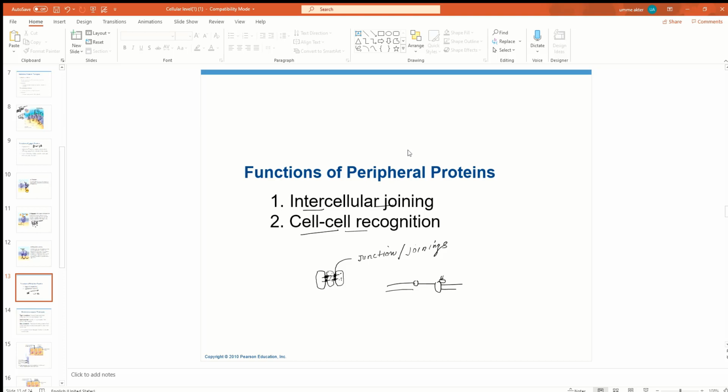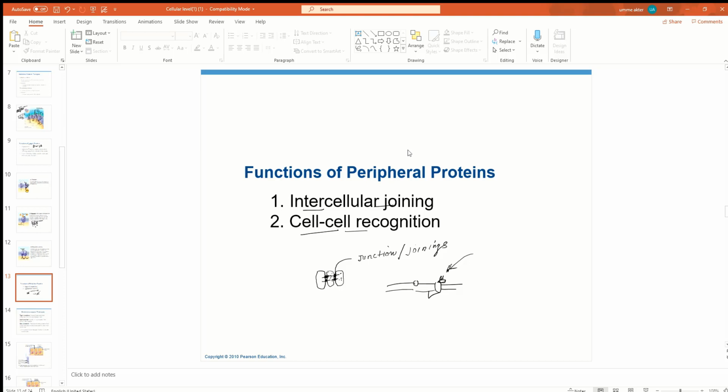So, for example, this is one cell membrane in your body, now if you get another cell from a different person's body, this peripheral protein will be able to detect that it is not from your own body but coming from outside.